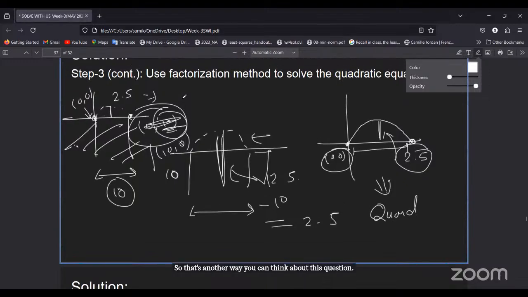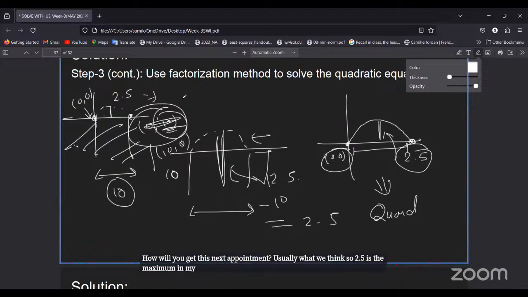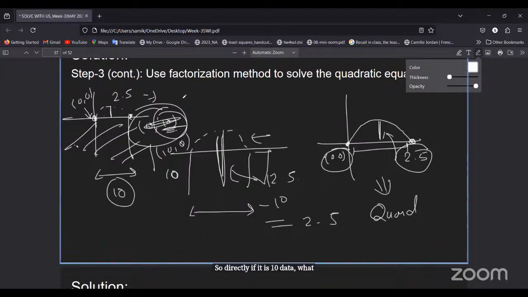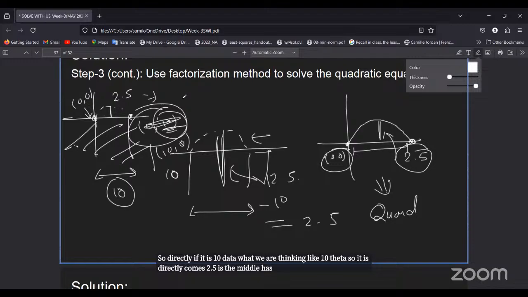But the thing is, like 2.5, you got it. How will you get the next point? Usually, what we think is 2.5 is the maximum height. So directly, if it is tan theta, we think 2.5 is the middle, as tan 45 is mentioned, so 2.5 plus 2.5, that's what we usually think.